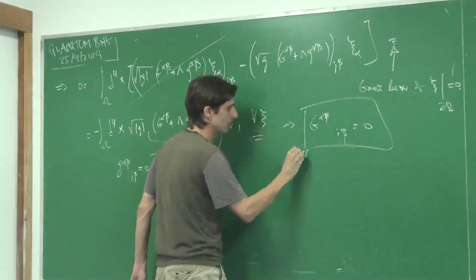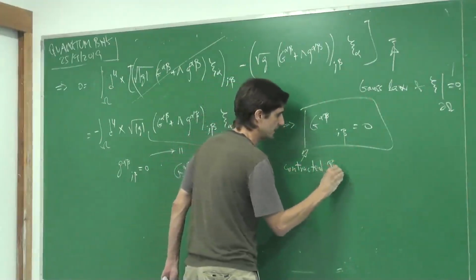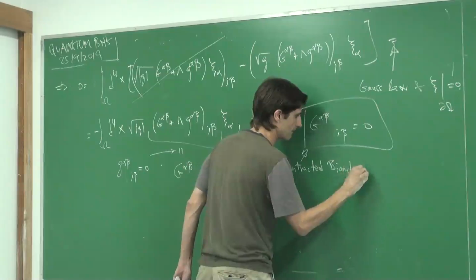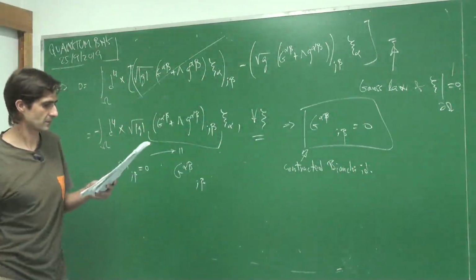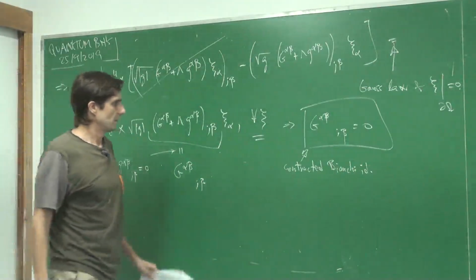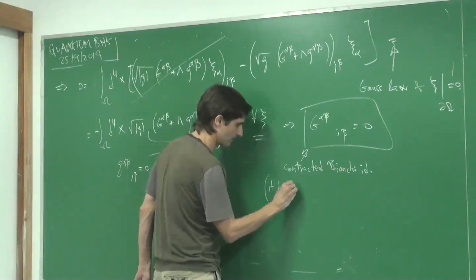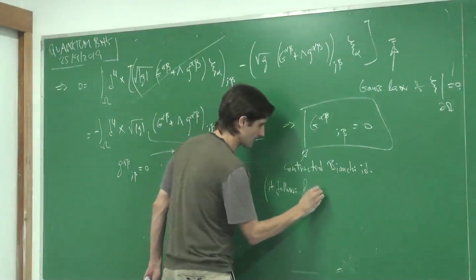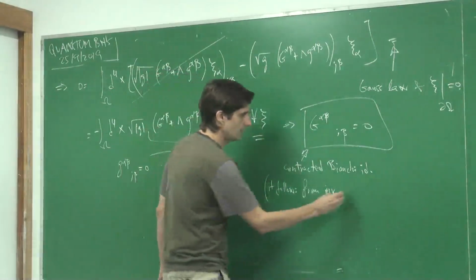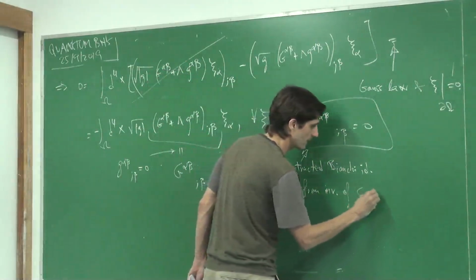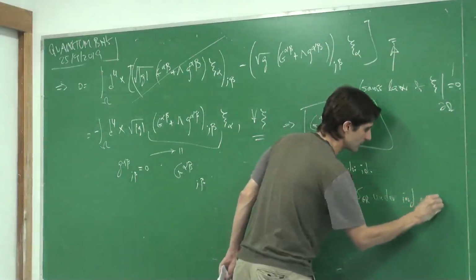So this is the contracted Bianchi identities. So this follows from the invariance of the Einstein-Hilbert action under infinitesimal coordinate transformations.